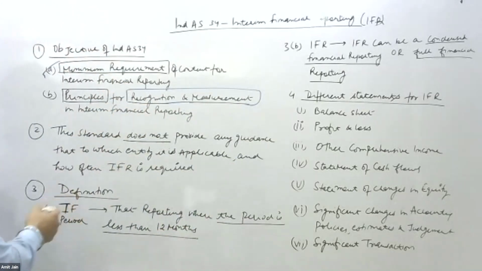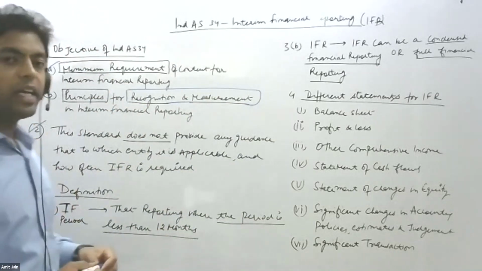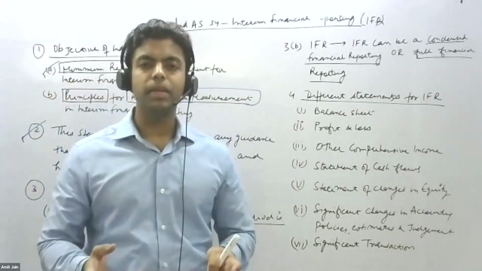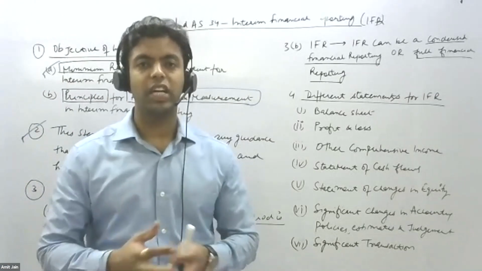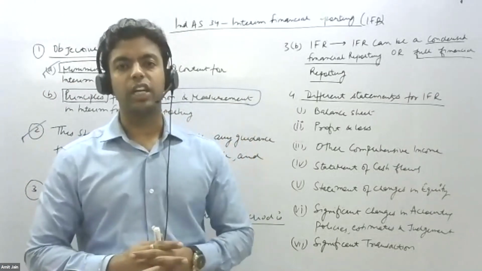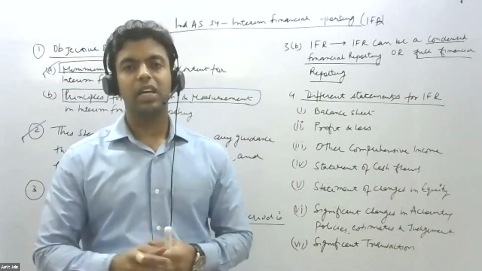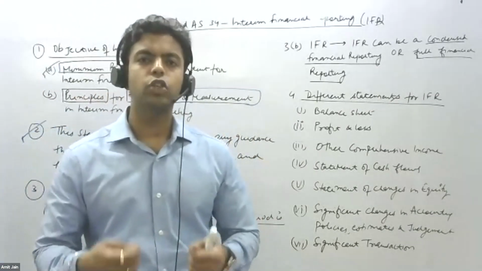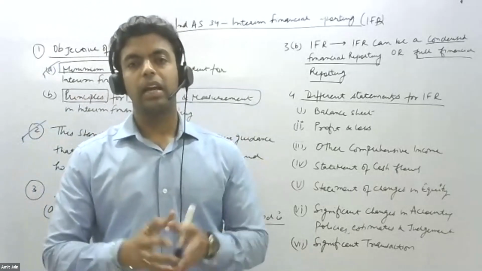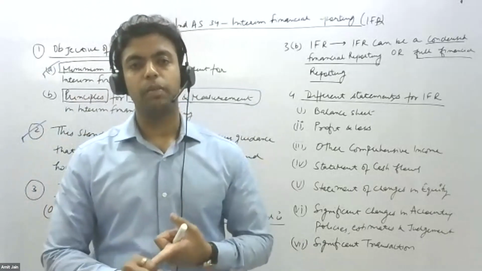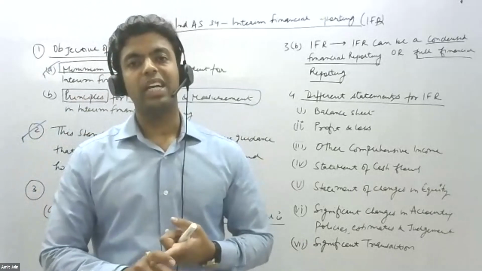right? Second point, this standard does not provide any guidance as to which entity it is applicable to. Generally, practically what happens, all the listed companies have to present their financial statement on a quarterly basis, right? So those listed companies will follow Ind AS 34. Whenever they present their financial statement, it needs to be audited by the auditor, or it needs to be limited reviewed by the auditor, right? But they have to prepare their quarterly financial reports as per the requirement of Ind AS 34.